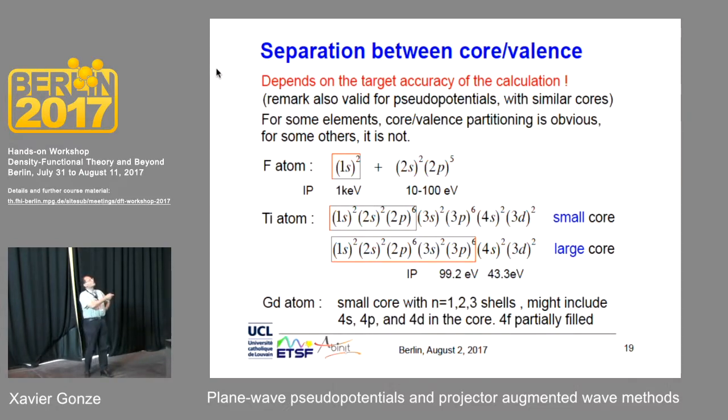We are sure that the 1s, 2s and 2p also will be treated as cores, but the ionization potential of the 3p state is 100 electron volt, while the ionization potential of the 4s is 43 electron volt. You see that there is only a factor of 2, and also there is an overlap in localization region between the 3p and the 4s.